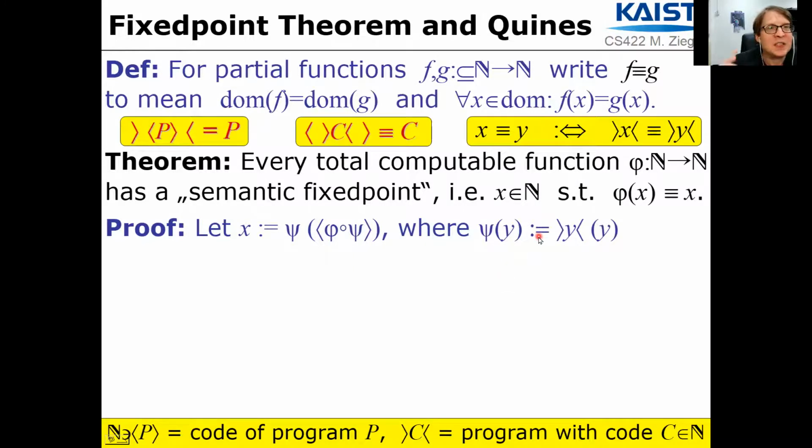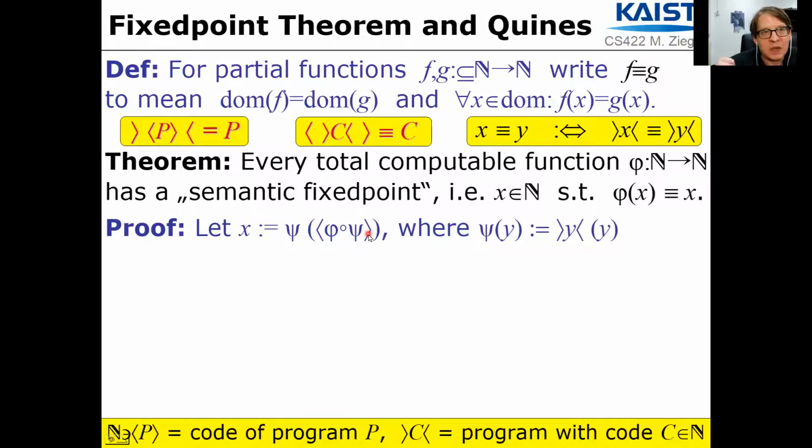Does it make sense? As I said, it's easy to get confused here. So this x means, according to this definition, interpret this here as a program, which actually it is a program, namely the program phi after psi, and then execute that program phi after psi on which argument? On the code of phi after psi.